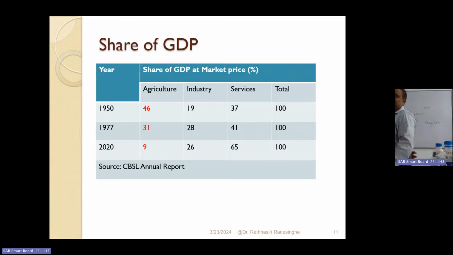We introduced so many concessions, tax holidays, and measures to attract foreign investments to the manufacturing sector. Still, the industrial sector does not contribute highly. But the service sector has gradually increased, now contributing 65%.